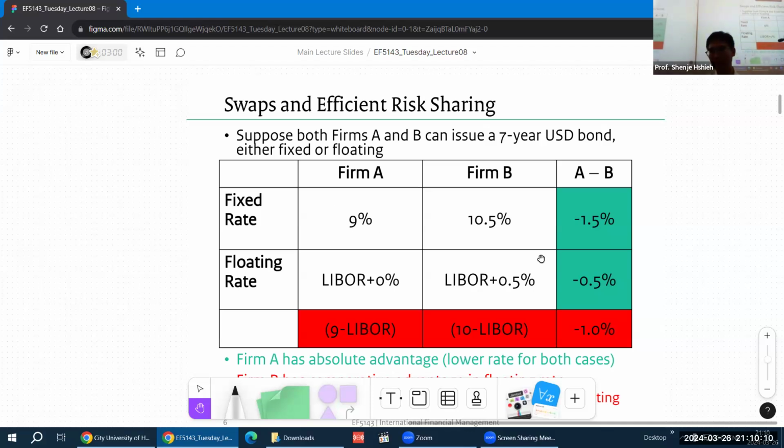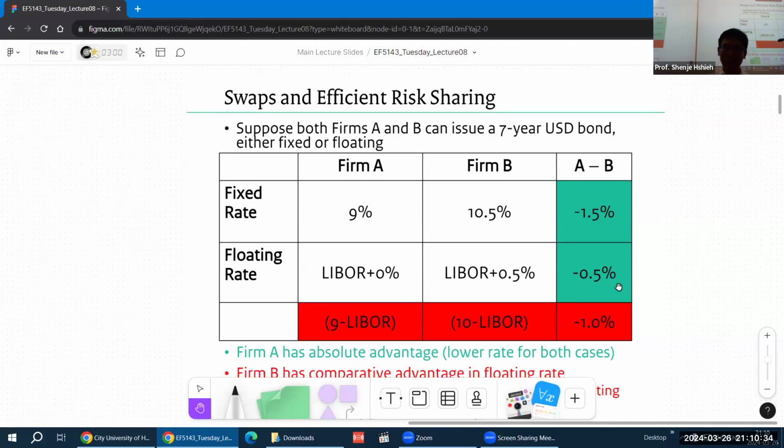So the difference in interest rates is negative 1.5%. What that means is that firm A has a better deal if it wants to borrow money. It could be because it's less risky, and therefore banks and financial institutions are more willing to lend money to them at a lower interest rate. So firm A is less risky than firm B.